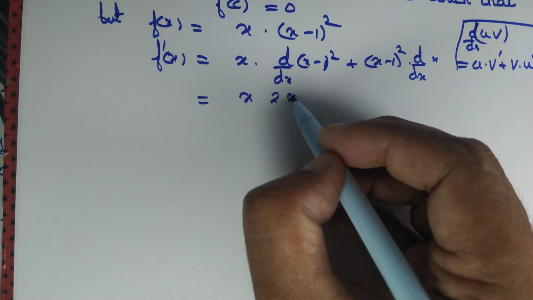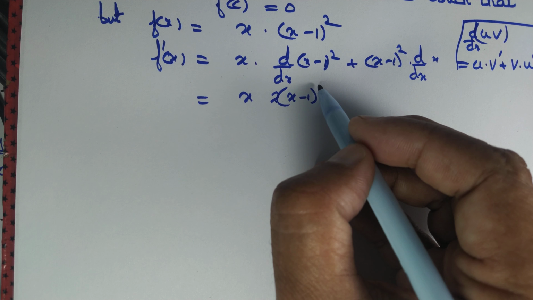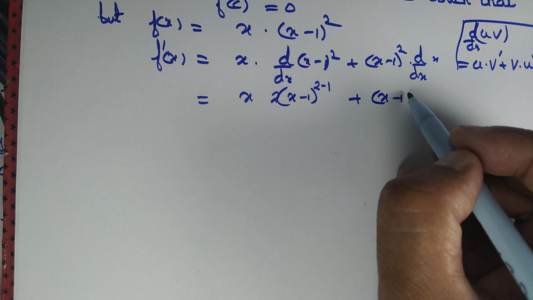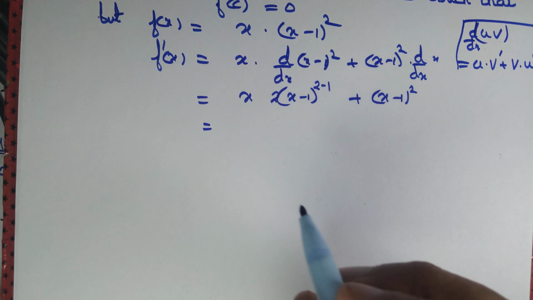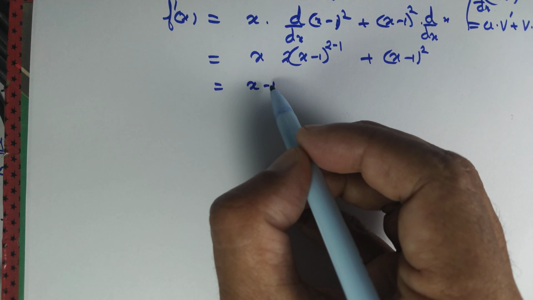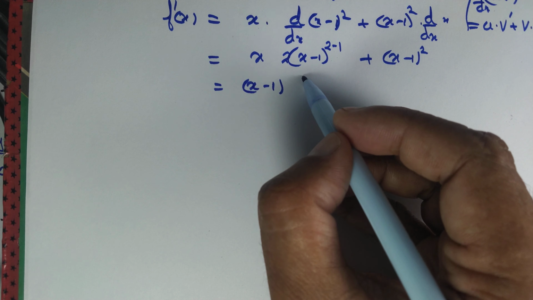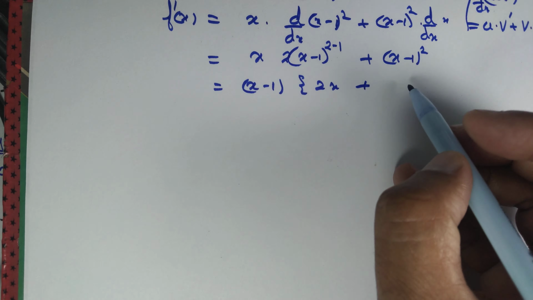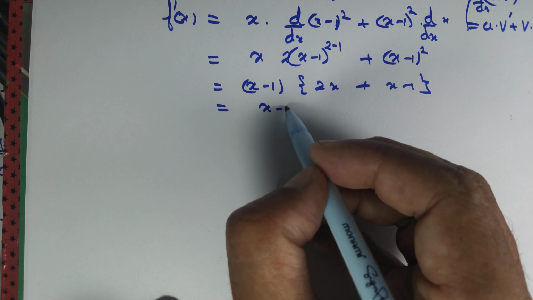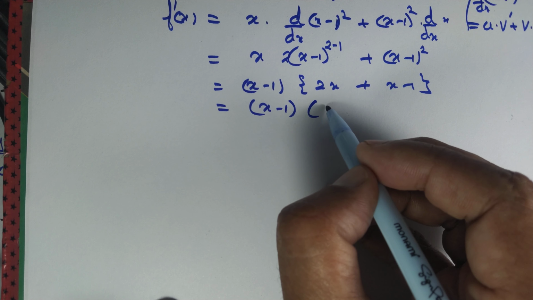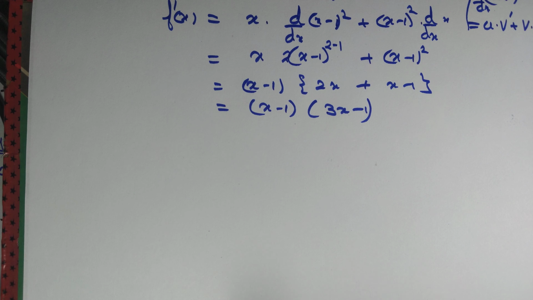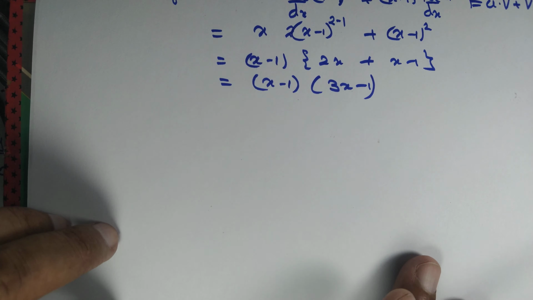So 2 times (x minus 1) to the power 2 minus 1, plus (x minus 1) whole square times 1. We can simplify it. We can take x minus 1 common. When we do so, we will be left with 2x plus x minus 1. That's equal to (x minus 1) times (3x minus 1). Therefore, we have computed f dash x, or derivative of f(x).